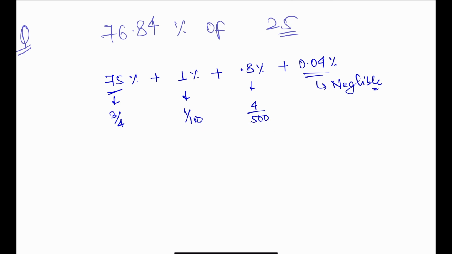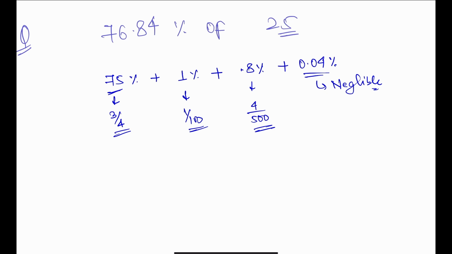But even if you try to do this much, it will eventually take so much time to calculate. So there is one more thing which is very important when we are solving this type of question, where we know 25 is easy to solve.